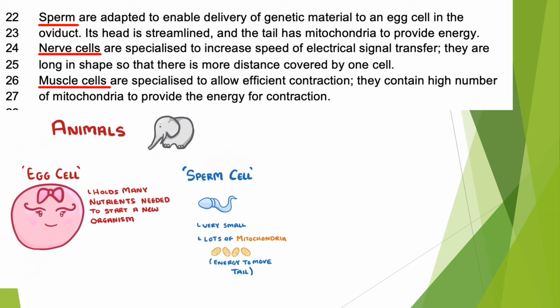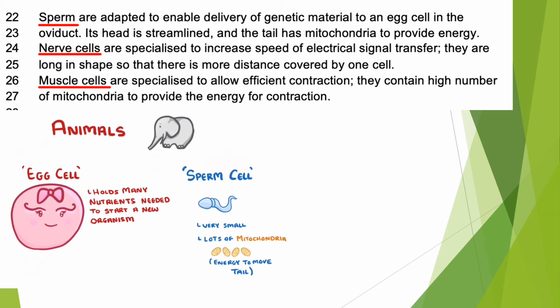So these little things, such as sperm cells having lots of mitochondria, is actually an adaptation. It didn't just happen one day, but actually over years and years, they adapt to the fact that sperm cells, if they don't have enough mitochondria, can't propel themselves forward, right? So in order to survive, the ones that actually make it through are the ones that have lots of mitochondria. Okay, and then over time, every sperm cell will have lots of mitochondria in order to have that energy to move the tail.